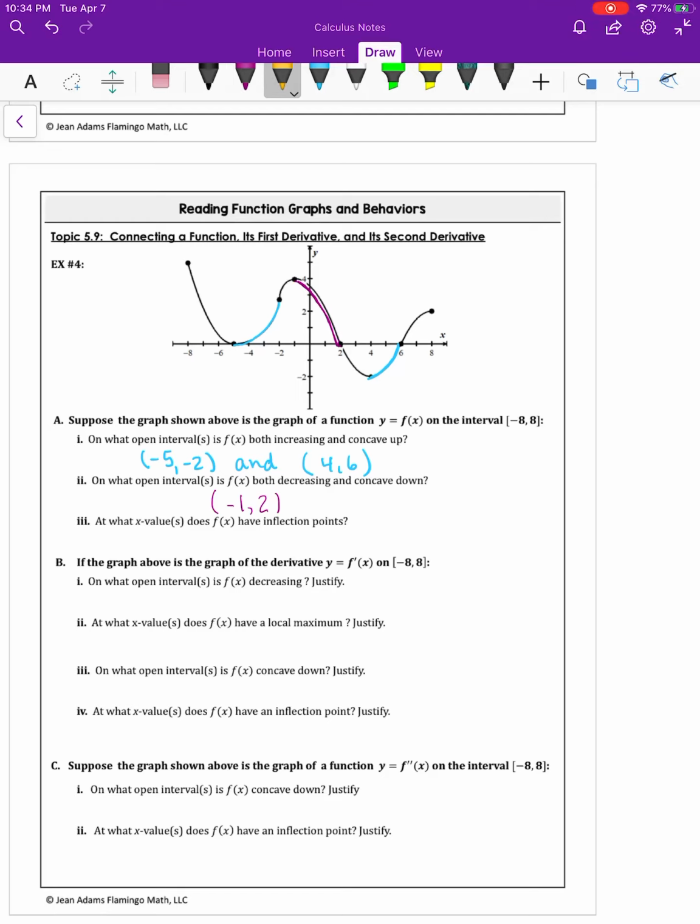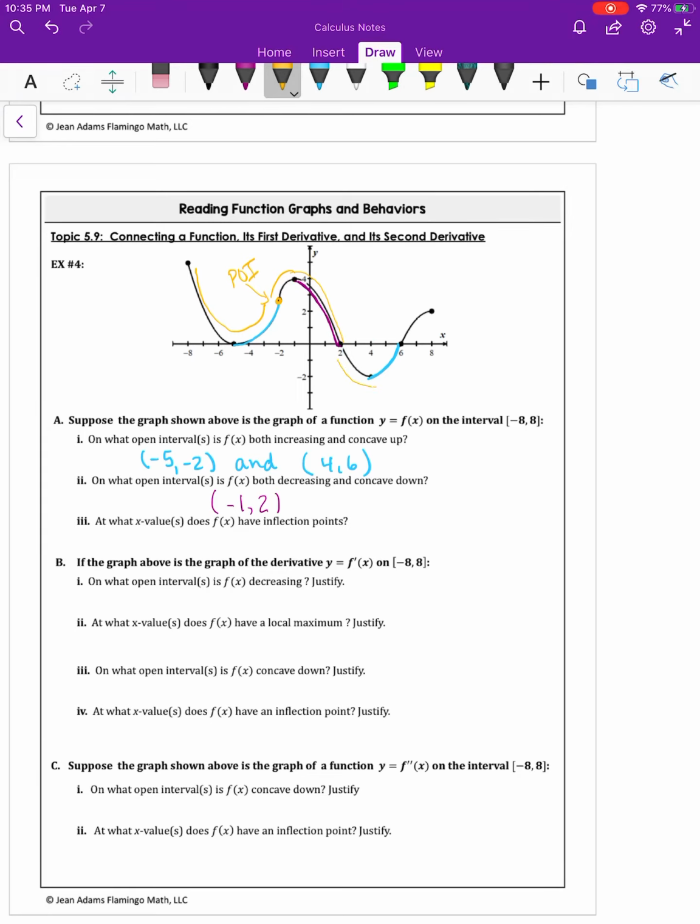At what x value does f of x have inflection points? Well, that's going to be where your concavity changes. Do you see right here how it goes from being concave up to concave down? So this right here is a point of inflection.